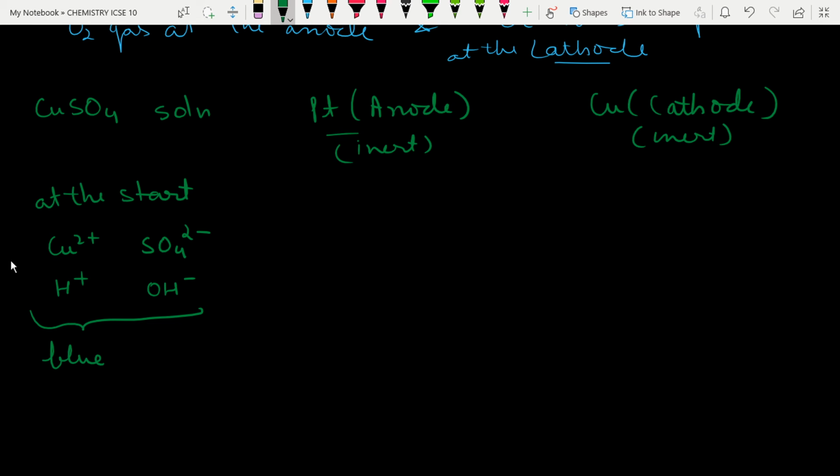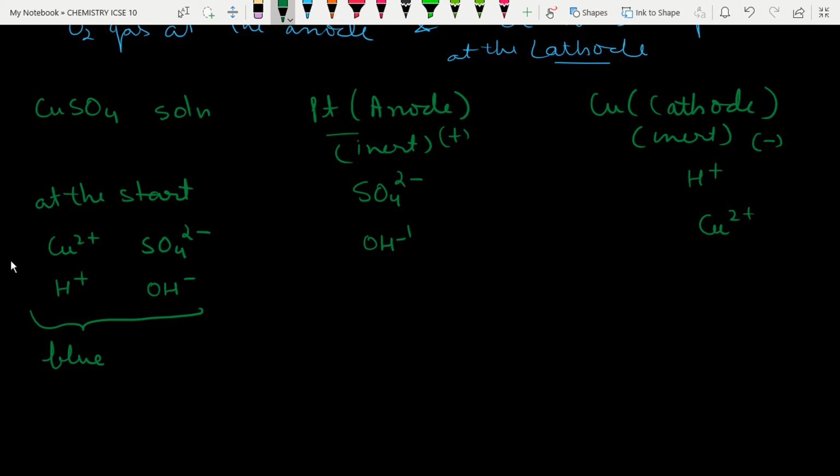Now what happens at the anode? We see the anode is positively charged and the cathode is negatively charged. So this anode here will attract the sulfate and OH-, and here it will come as H+, and there will be Cu2+.